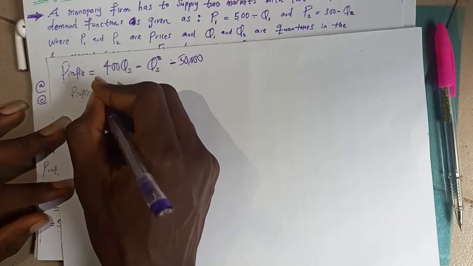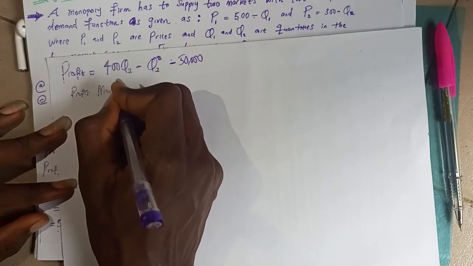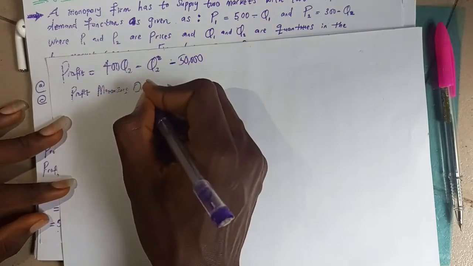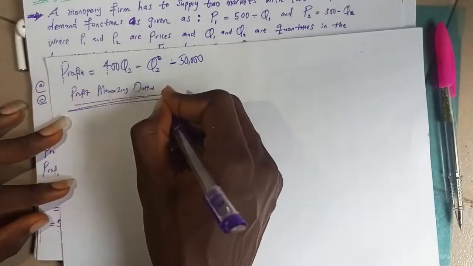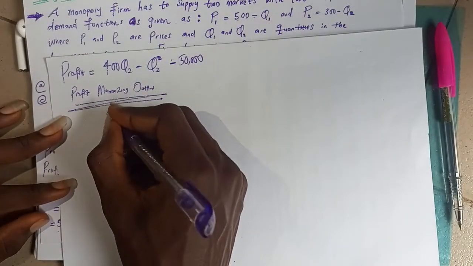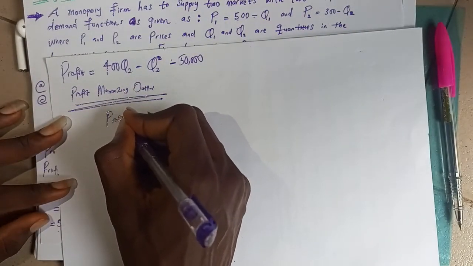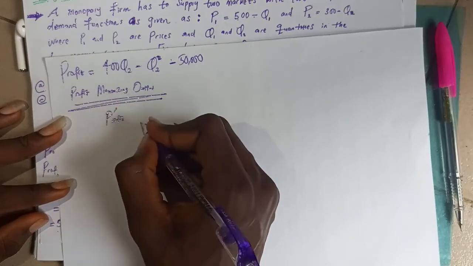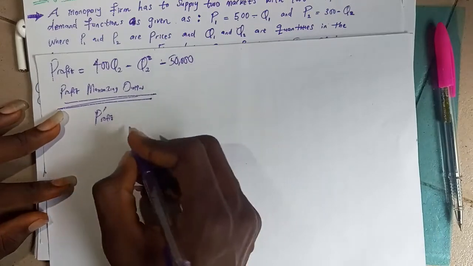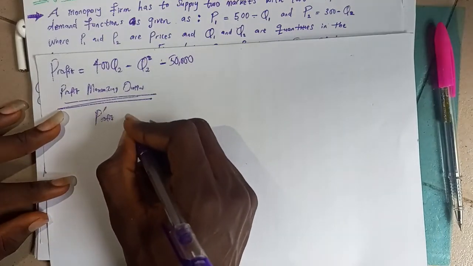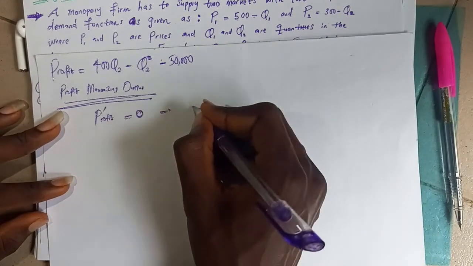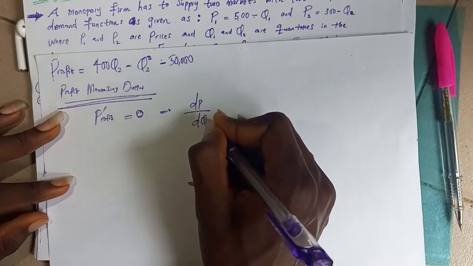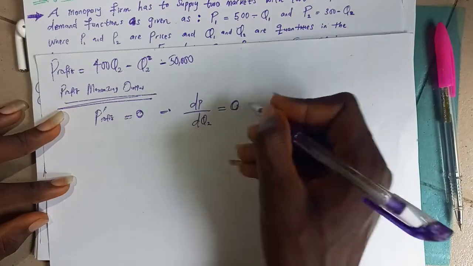At profit maximizing output, we believe that the derivative of the profit, that's the P prime, is always equal to 0. That is, the derivative of the profit with respect to the second quantity demanded must be equal to 0.